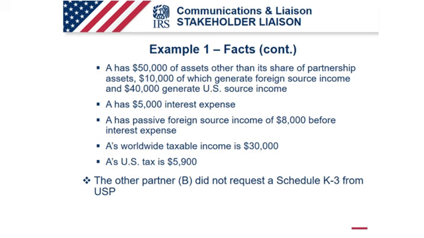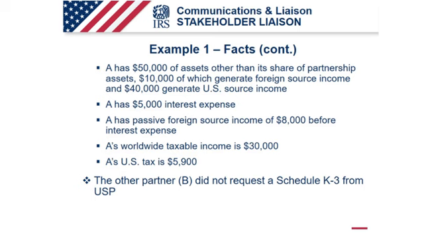Now, in addition to the partnership interest, A separately owns $50,000 of assets of its own. Of those assets, $10,000 generate foreign source income, and $40,000 of those assets generate U.S. source income.